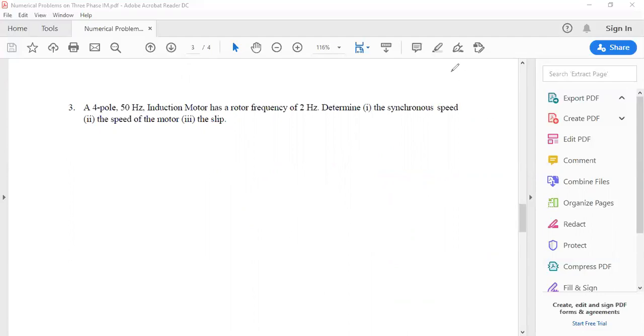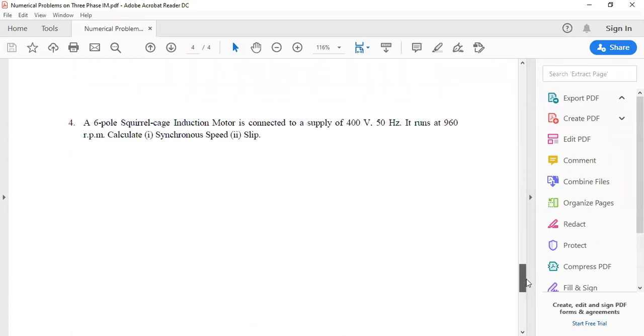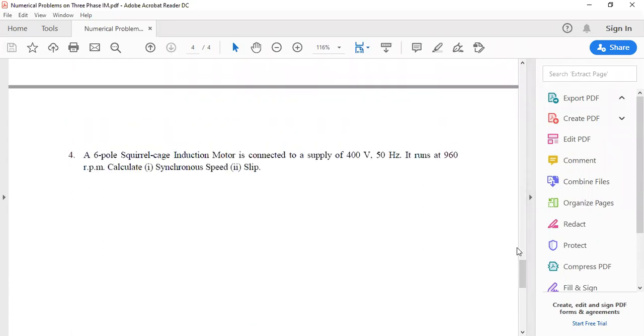So the next problem, the last problem, where we can find out the synchronous speed and slip. Let me read out the problem. A 6-pole squirrel cage induction motor. So you have the number of poles of the induction motor to be 6.